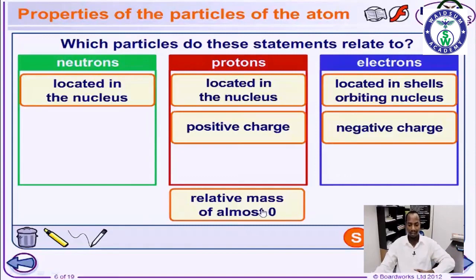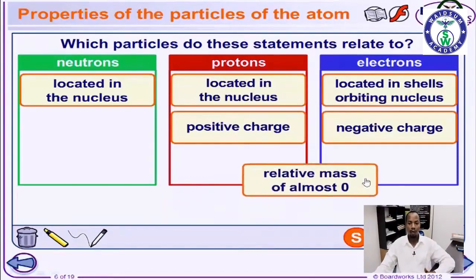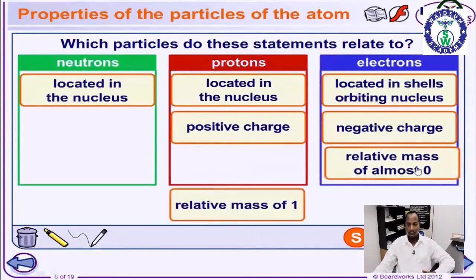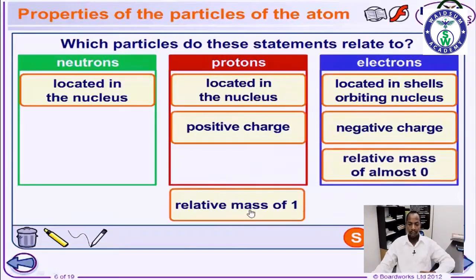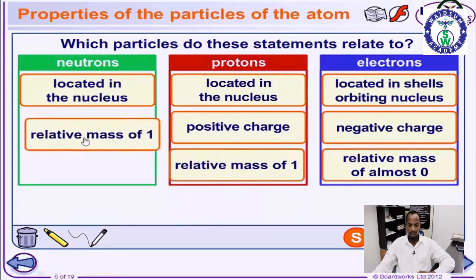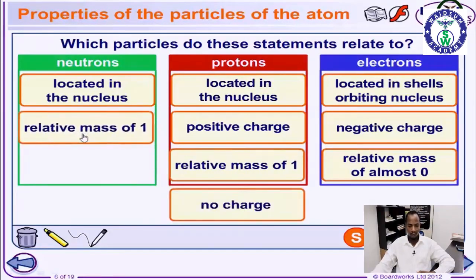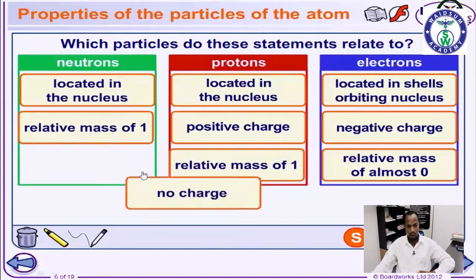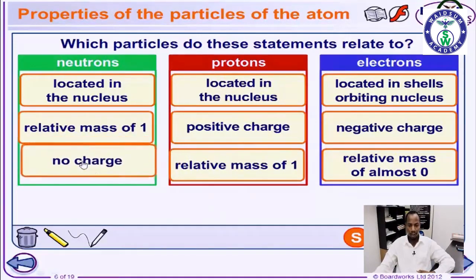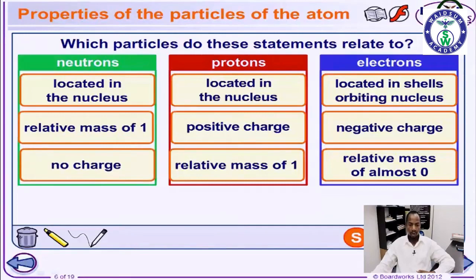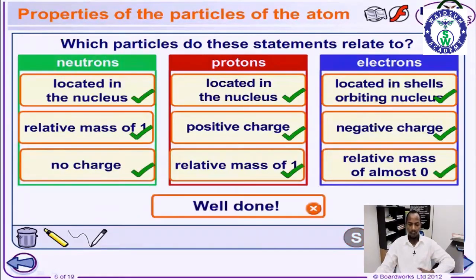Has a relative mass of almost 0: electron. A relative mass of 1: proton. A relative mass of 1 again: neutrons. No charge: neutron.